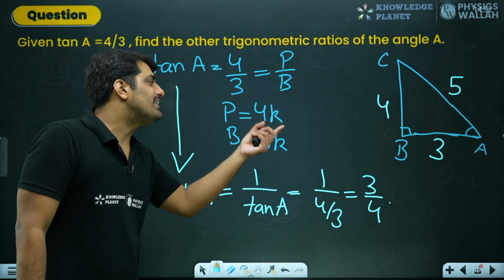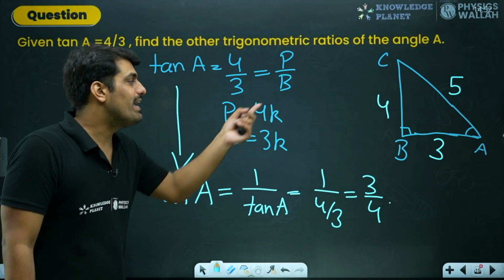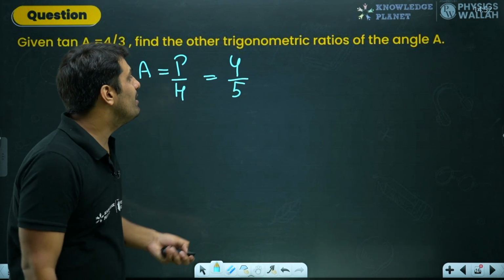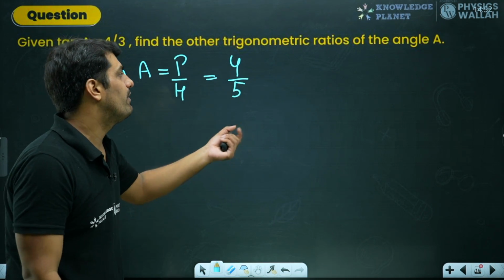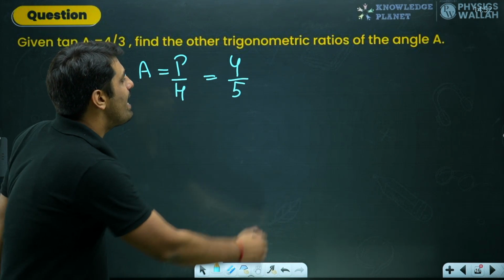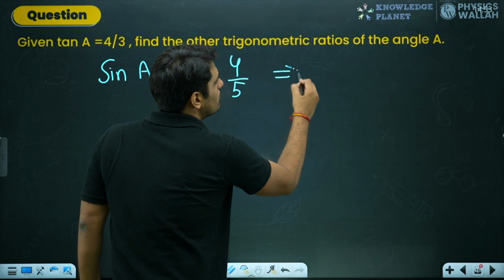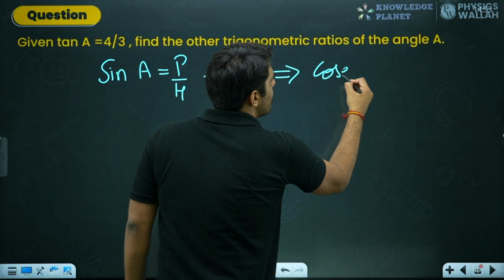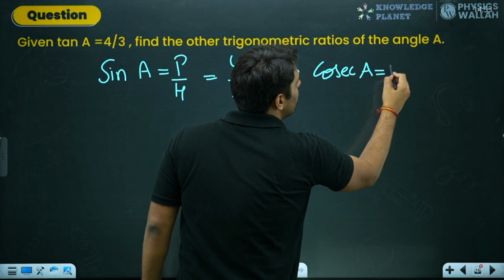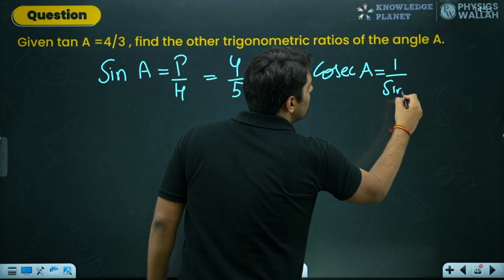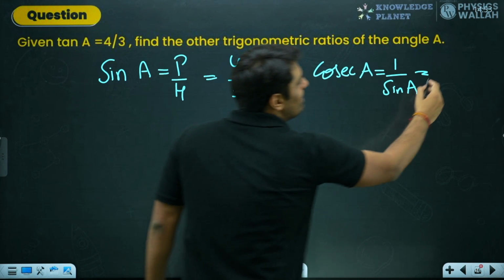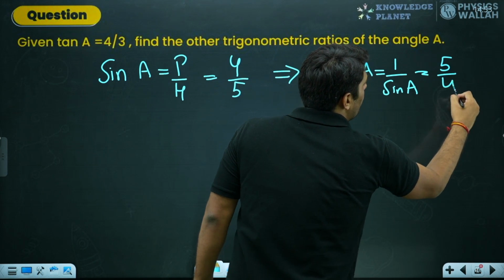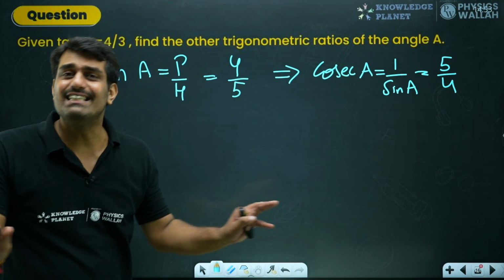Because when I take the ratio 4k divided by 3k, k cancels out, 4 by 3. Similarly over here, 4k by 5k, k cancels out, we are left with 4 by 5. So if I am having sine of A, I can get from here cosec of A. Cosec of A will be the reciprocal of sine of A, 1 upon sine of A. So the value will be the reciprocal of 4 by 5. It will come out to be 5 by 4. Very simple task, easily done.